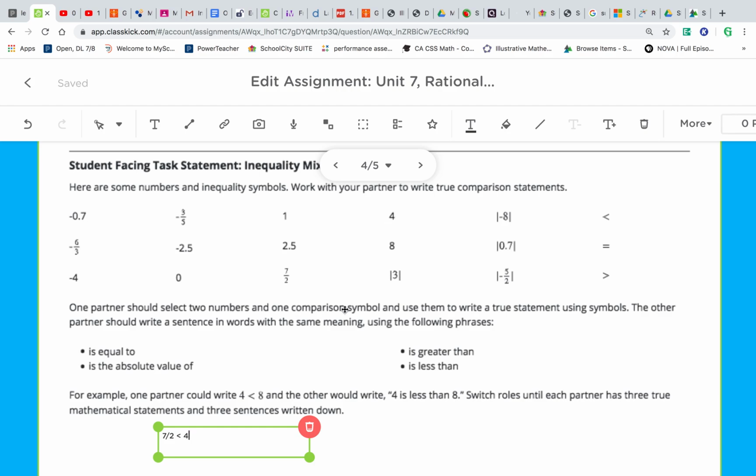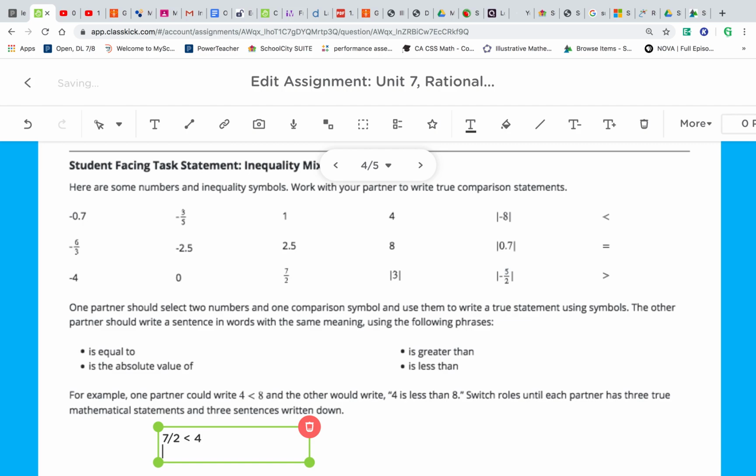That might be confusing because you might see the 7 and think, oh, 7 is more than 4, but it's 7 divided by 2. That's actually just 3.5, and so that is less than 4. So that would be one that you maybe weren't totally aware of.